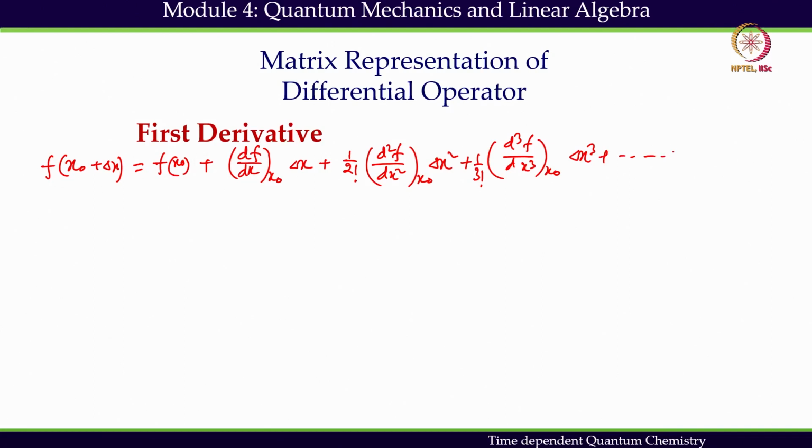This way I have one forward difference and then I have the backward difference as well.